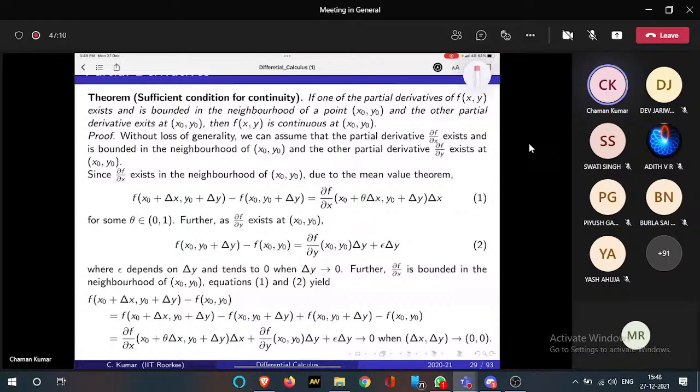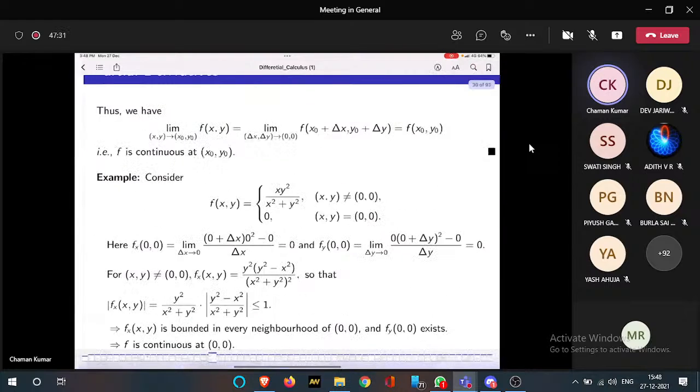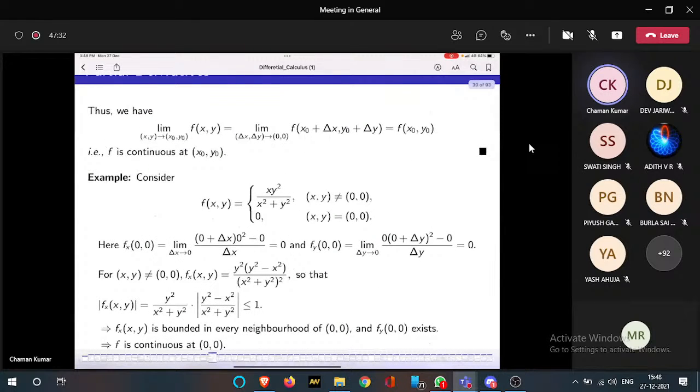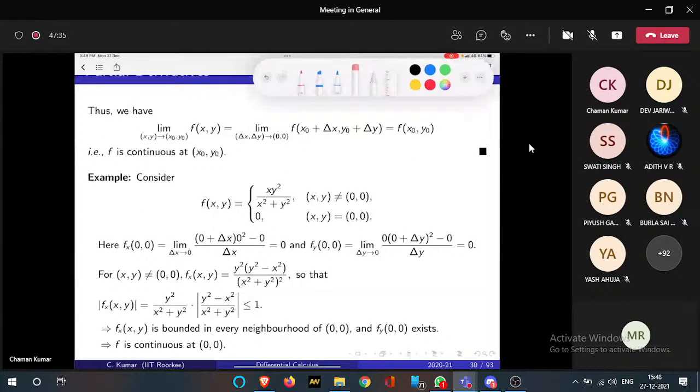The first condition we have checked: the partial derivative exists, the other partial derivative also exists, and one of the partial derivatives should be bounded in the neighborhood of the point (x0, y0). In this case the point is (0, 0), so we check the boundedness of the partial derivative in the neighborhood of the point (0, 0).